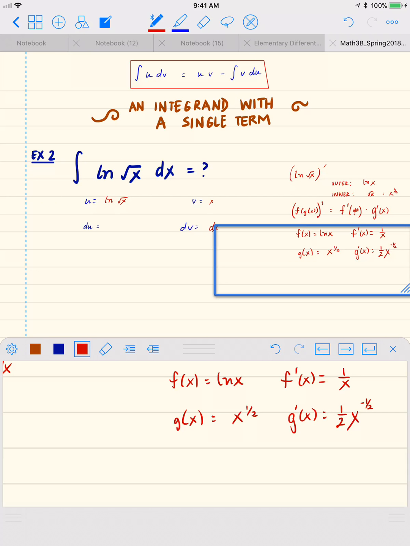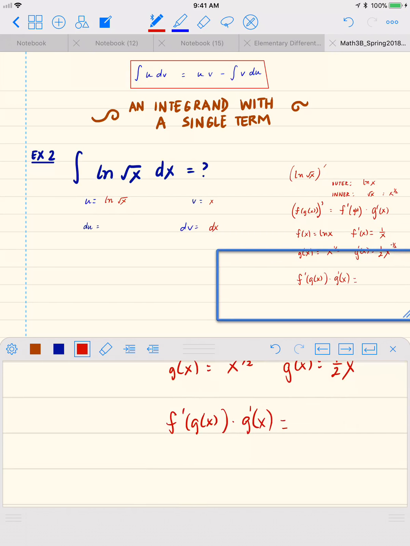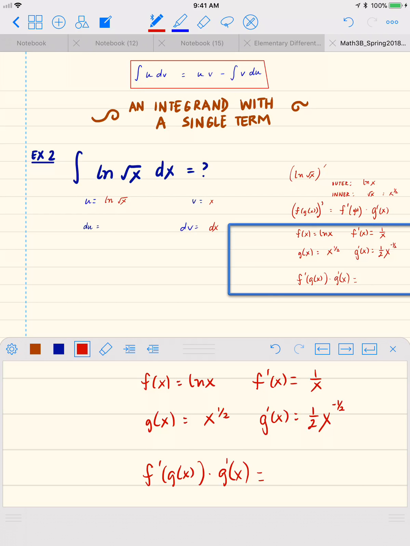So using our formula, we're going to get f prime of g of x times g prime of x. Now what is f prime of g of x? It's going to be 1 over g of x, because f prime of x is 1 over x, so f prime of g of x is 1 over g of x, times g prime of x, which is this 1/2 x to the minus 1/2.